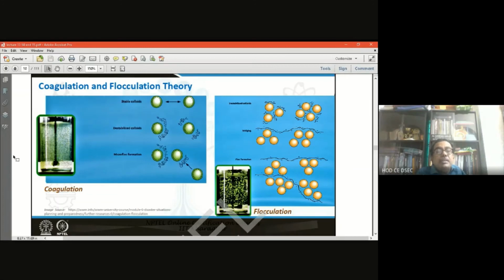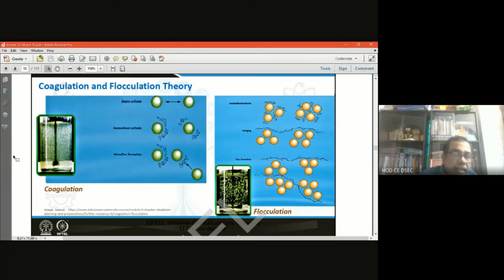So you see, the coagulation flocculation basic theory, I am just showing you in a pictorial diagram. Coagulation is a physical phenomenon, that is the rapid mixing, and flocculation is a chemical process. Adding the two gives the physicochemical process. By rapid mixing, destabilization is going to happen.